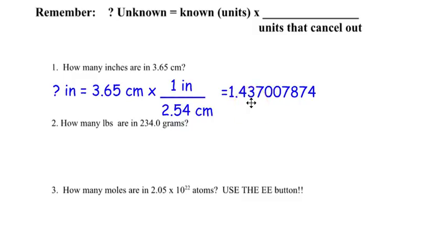Here are my 3 sig figs. The next digit is a 7, so I'm going to round up. So I get 1.44, and there's my unit, inches. The inches here match up with the inches here. Why don't you try the next one? Pause this, work the whole problem out, and I mean it, you need the practice, and then I'll have the answers.